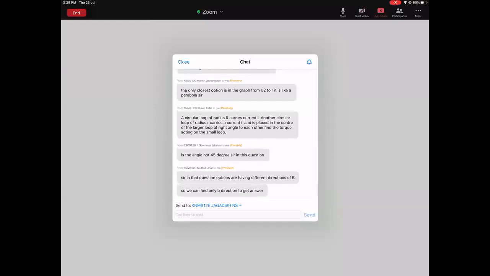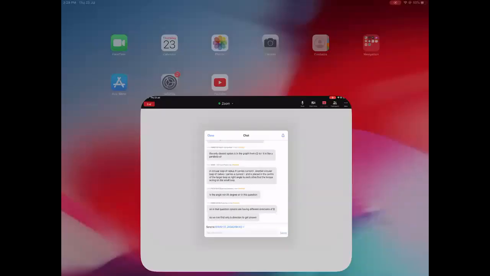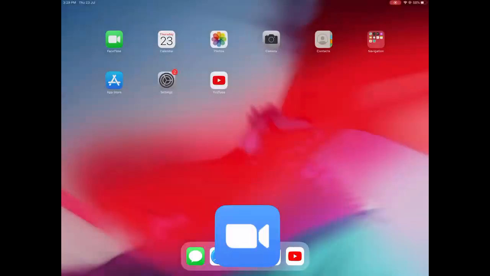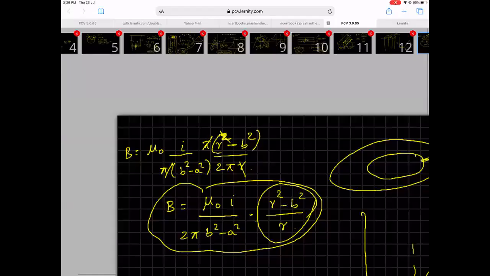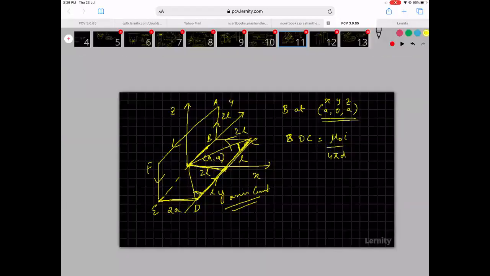Sir, in that question, options are having different directions of B. Muthukumar, you are asking me, is the angle not 45 degrees in that question? No, it is not 45 degrees because it's a three-dimensional thing, so there is a problem. Yeah, we have to see. I am right now feeling a little bad that I didn't get the answer the first minute. Usually the way students expect is teachers should be able to get it in the first go.